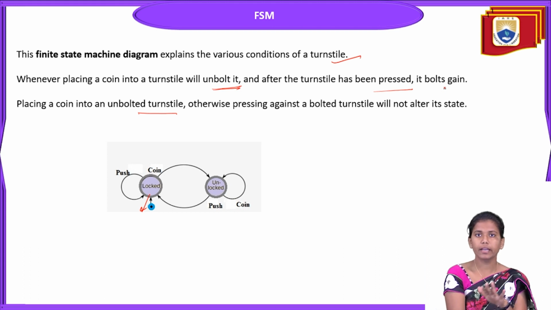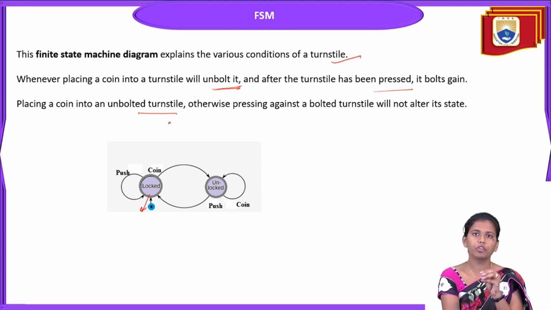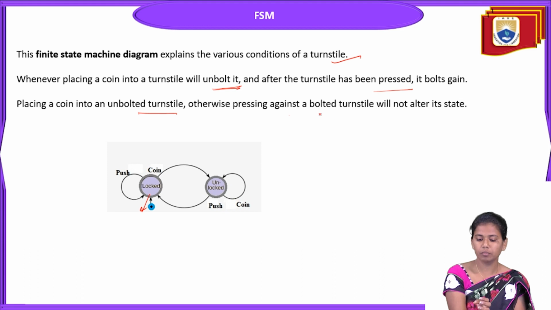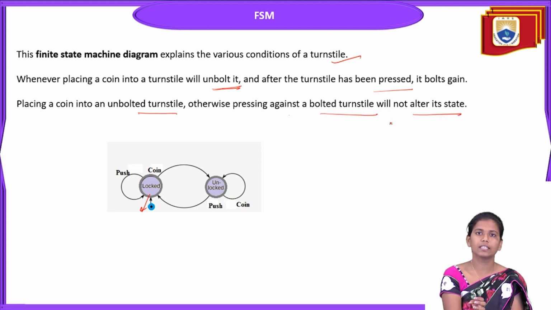Placing a coin on an unbolted turnstile, meaning the lock is released, or pressing against a bolted turnstile will not alter its state.